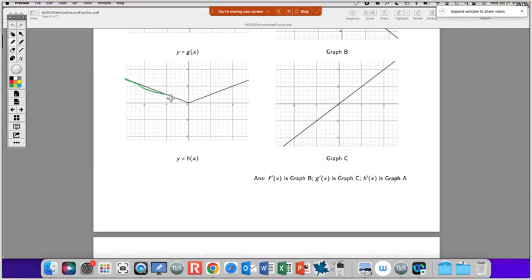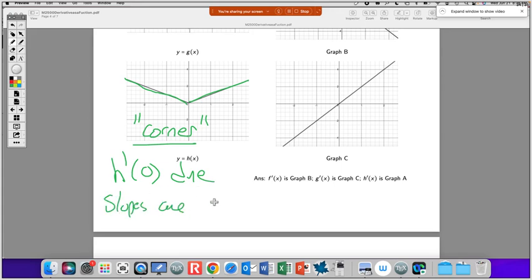We go from a constant negative slope, and then all of a sudden we turn around and go to a constant what? Positive slope. This thing is called a corner. And h prime of 0 does not exist because the slopes are different from either side. Make sense or not?